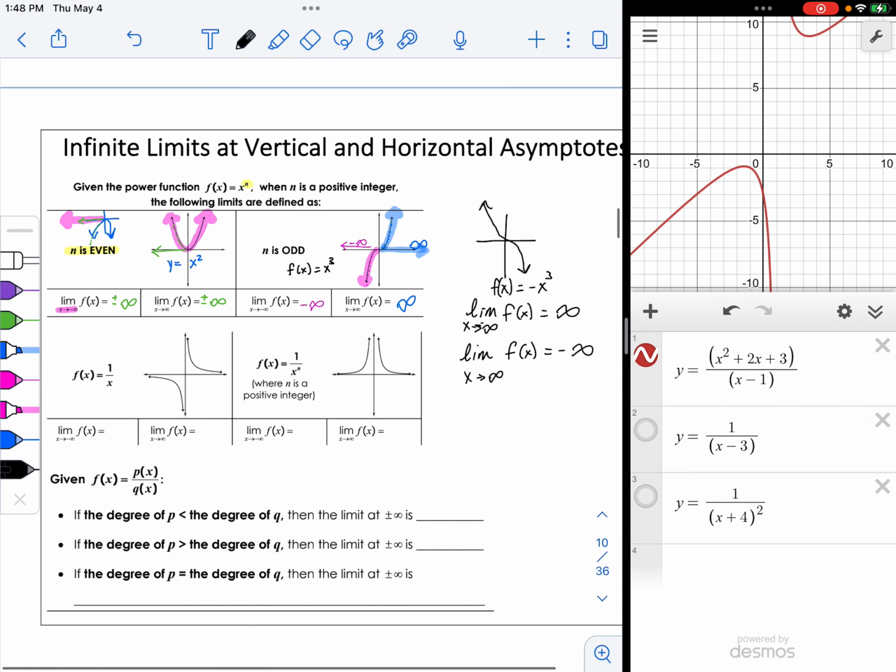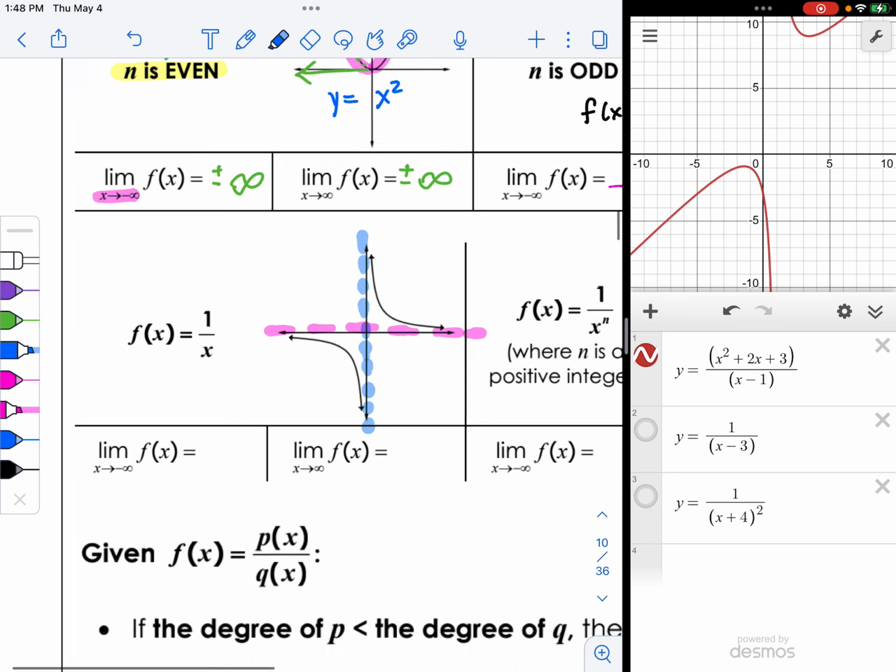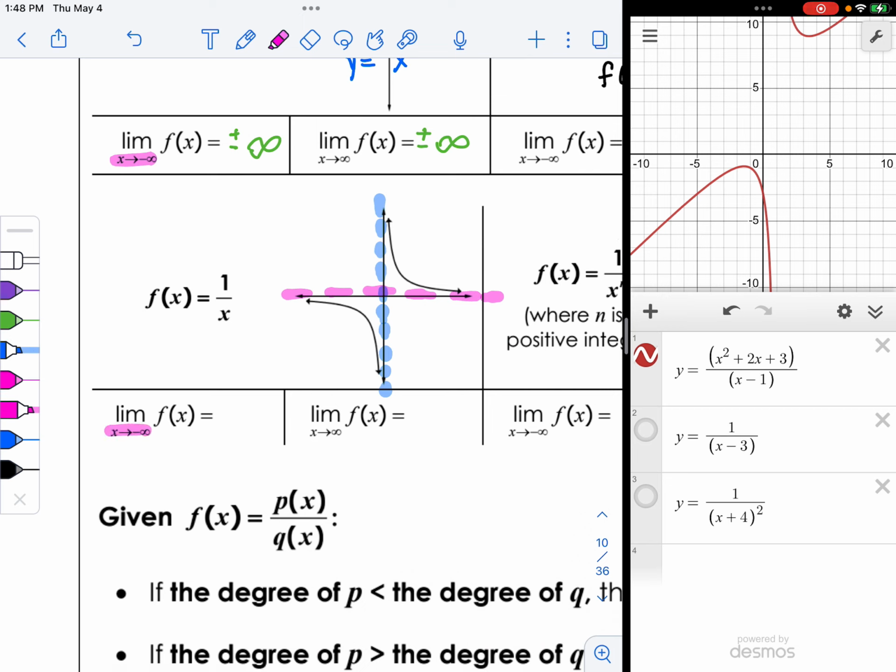And there are going to be times that we pay attention to the horizontal asymptote, and there might be other times where we pay attention to the vertical asymptote. When we are doing limits at infinity, we pay attention to the horizontal asymptote. Okay? We pay attention to the horizontal asymptote when we're doing limits towards infinity.